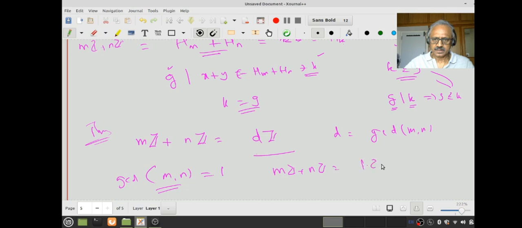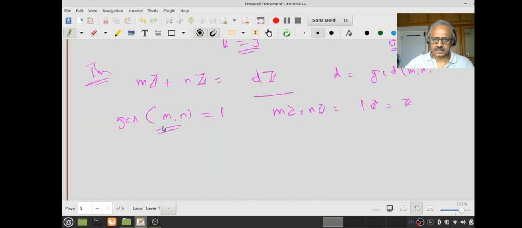That is 1 times z, which is z. So what does this mean? If the GCD of m and n is 1, then there exist integers r and s such that m times r plus n times s, or rm plus sn, whatever you want to call it, equals 1. So this is called Bezout's identity.